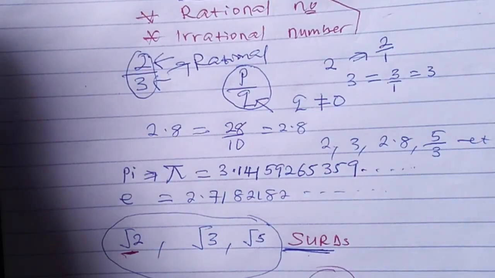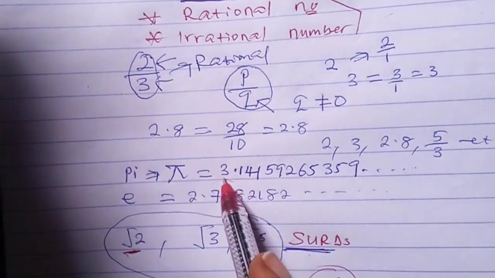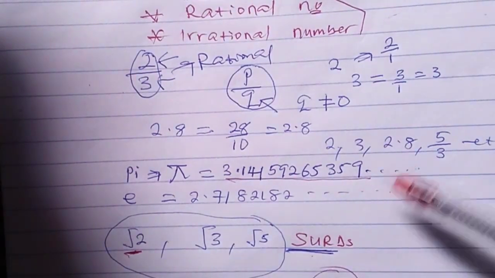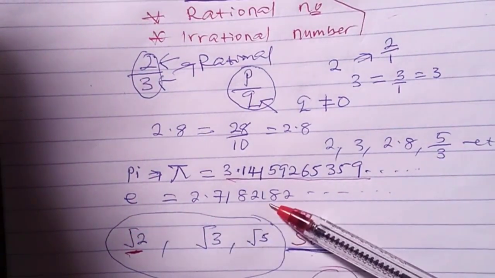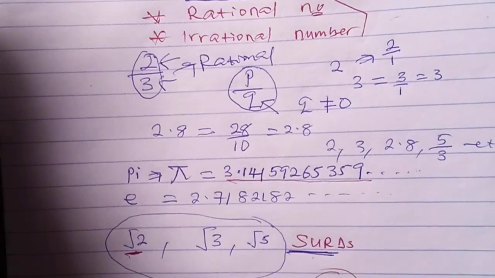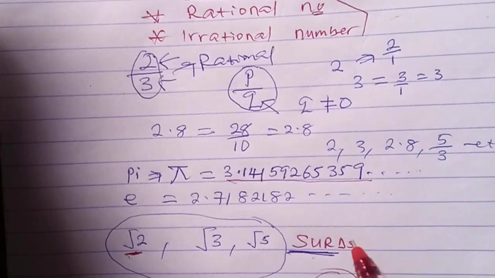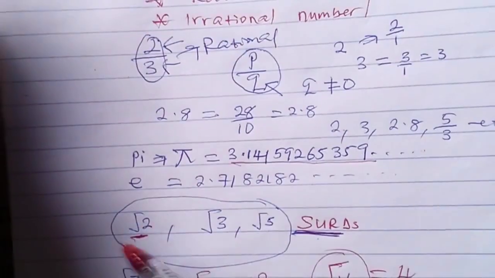And we also looked at irrational numbers, so constants like pi, which has this value and cannot be expressed as a fraction, is an irrational number. Euler's constant is also an irrational number. And we also say that there are special irrational numbers which are expressed in form of roots, that we call surd.